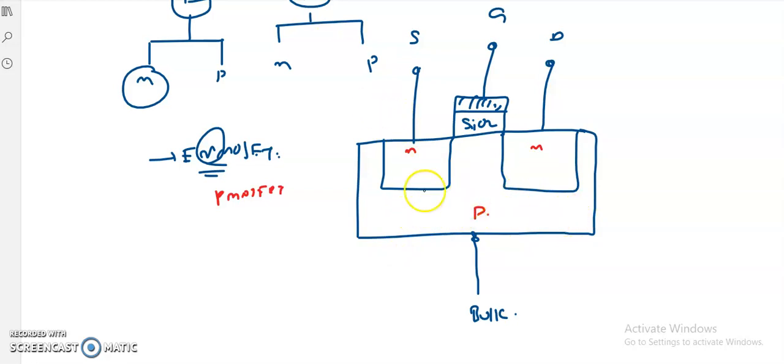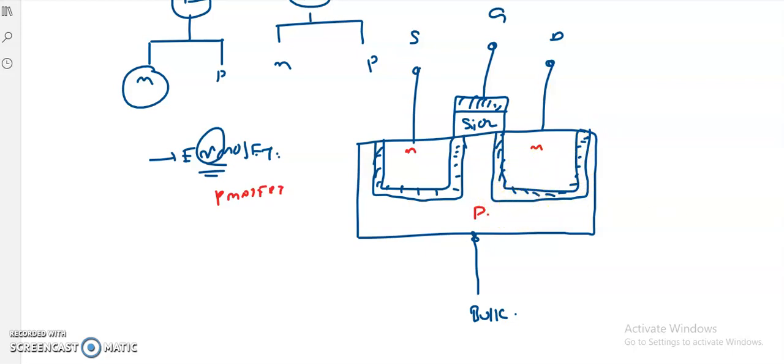And as we already know, whenever PN junctions are formed, a layer will definitely form. That layer is called a depletion layer. It forms like this. So there is a depletion layer between the source and substrate, and a depletion layer between the drain and substrate.